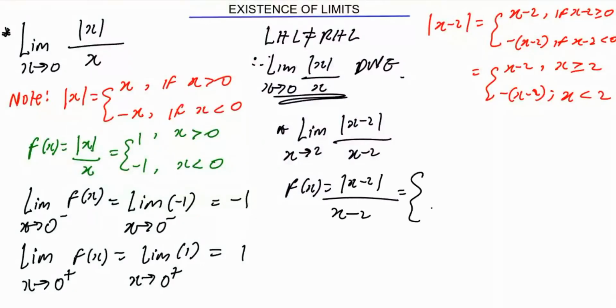Remember, this is the absolute value of x minus 2, and I'm now dividing it by x minus 2. If I divide this one by x minus 2, I'll have 1. If I divide this one by x minus 2, I'll have negative 1. So if x is greater than 2, or if x is less than 2. Now, this is what I have. So the limit as x tends to 2 from the left of f of x is equal to what?